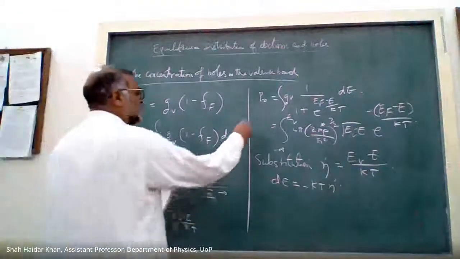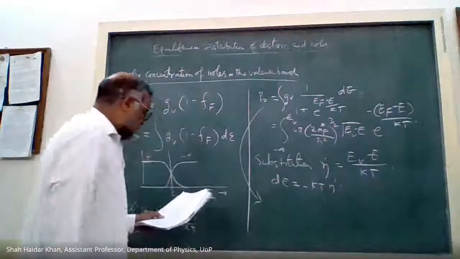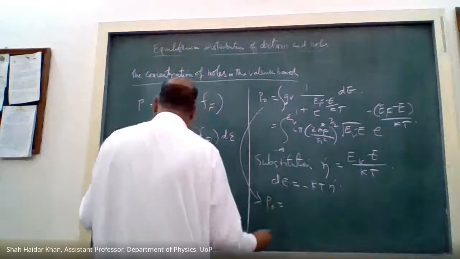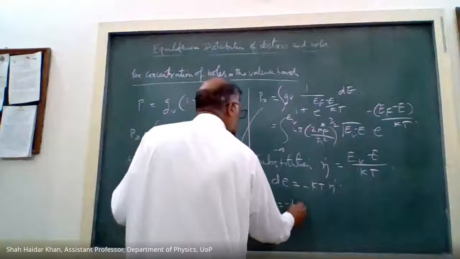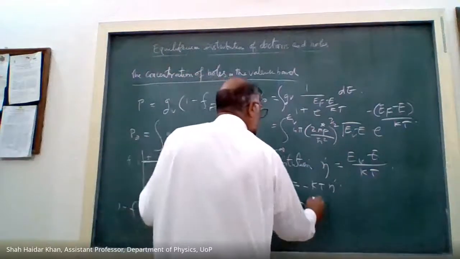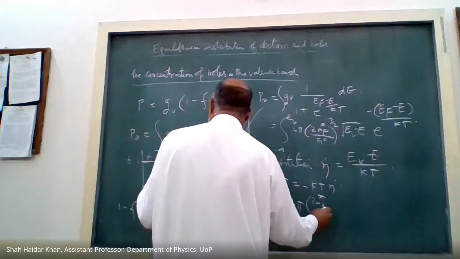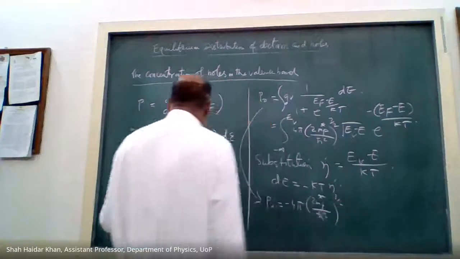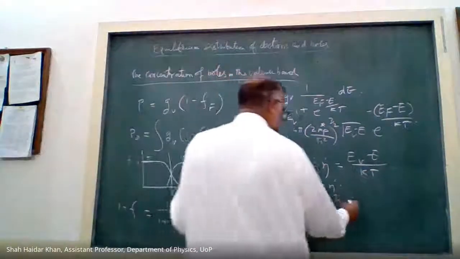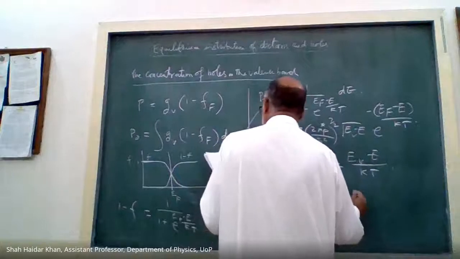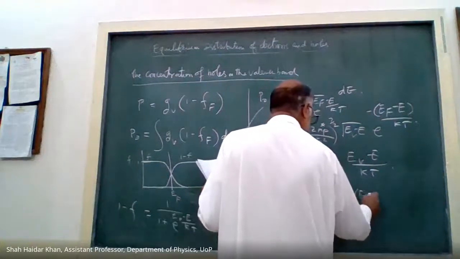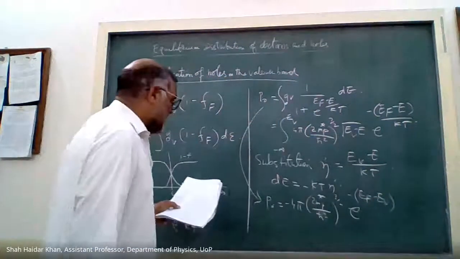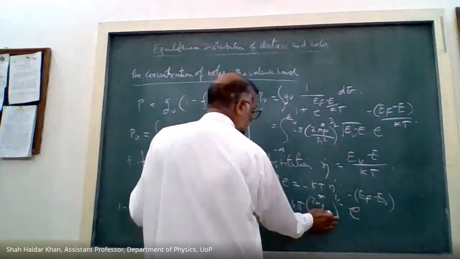Then this equation 3 now becomes, with this substitution, p naught is equal to minus 4 pi, 2 mp star divided by h squared to the power 3 by 2, e to the power minus EF minus EV, and there's a KT as well, KT.